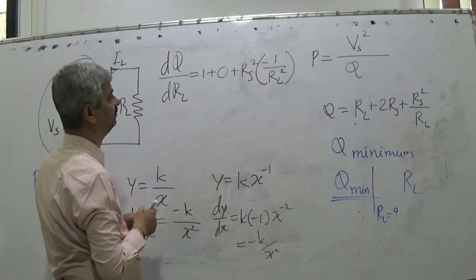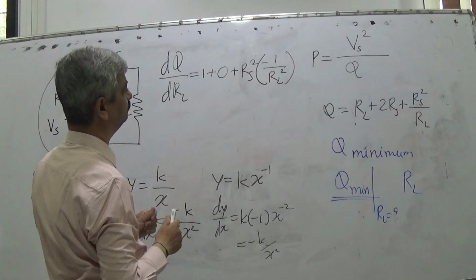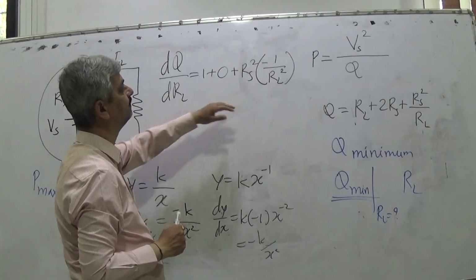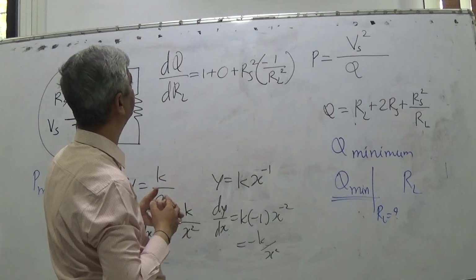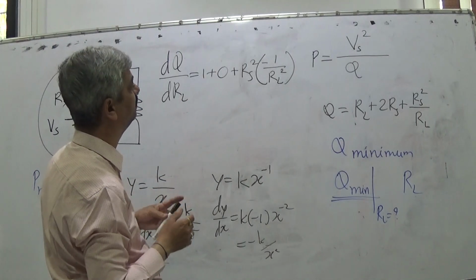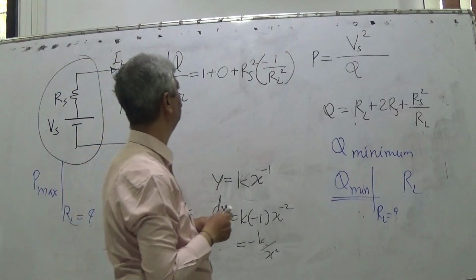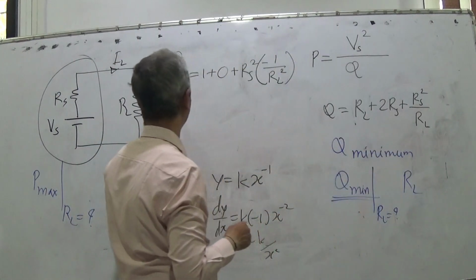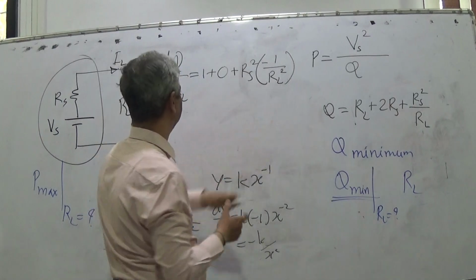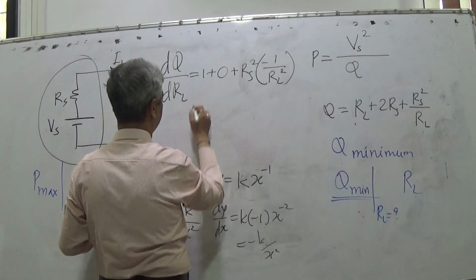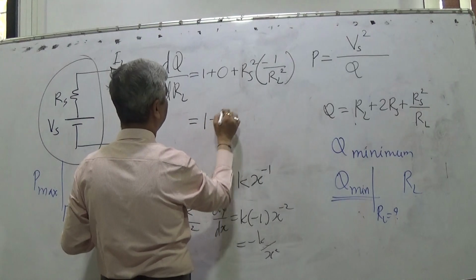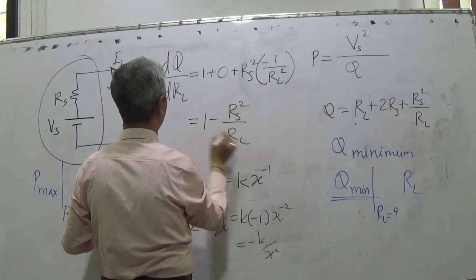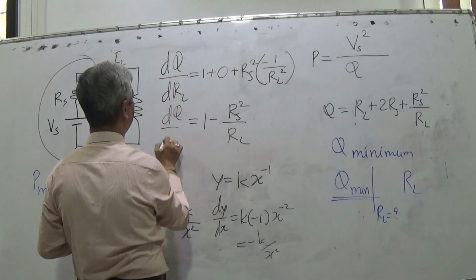So we have got dQ by dRL is equal to 1 plus this. So this is 1 minus RS square upon RL square is dQ by dRL.